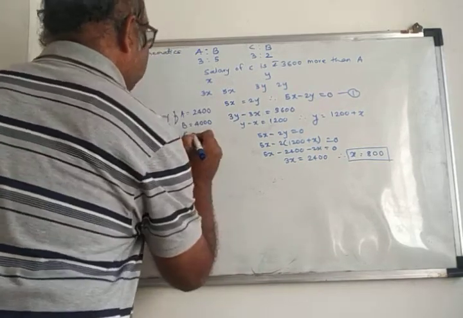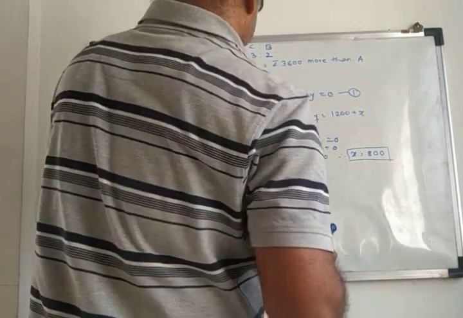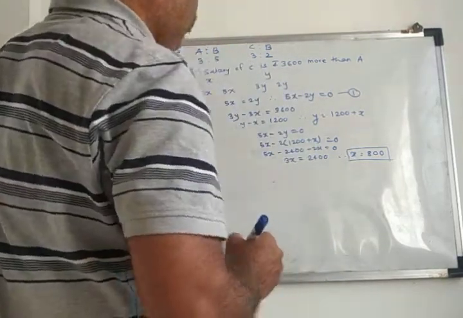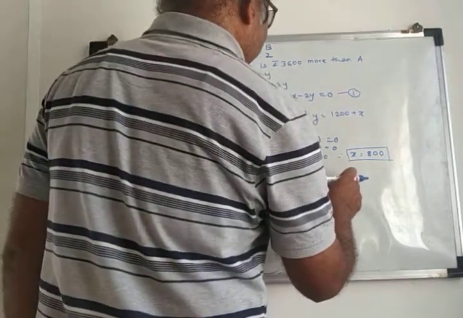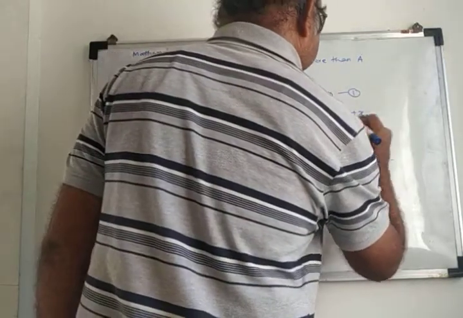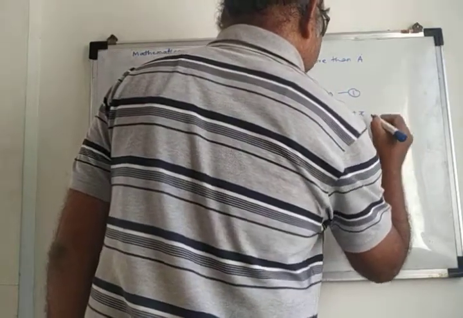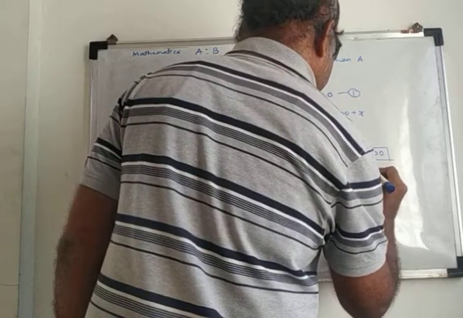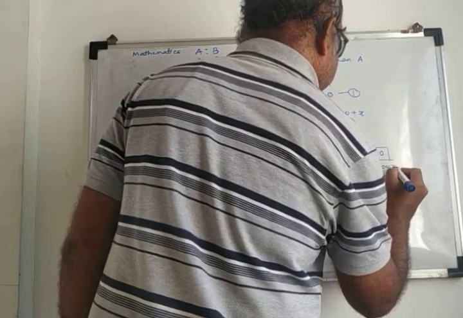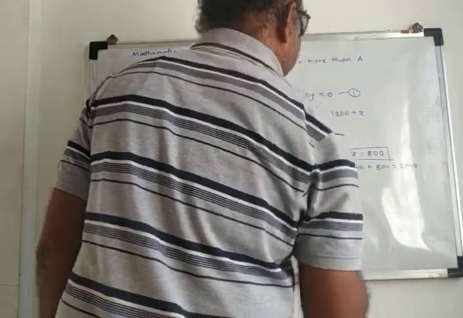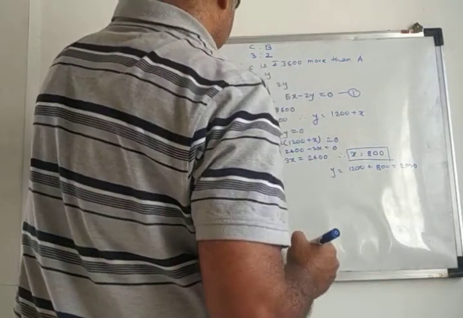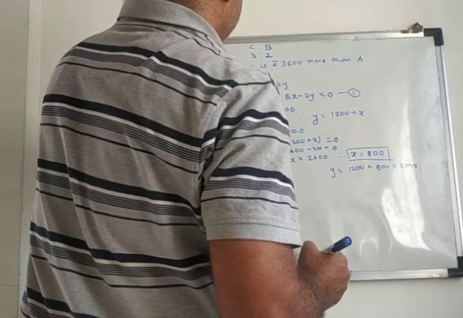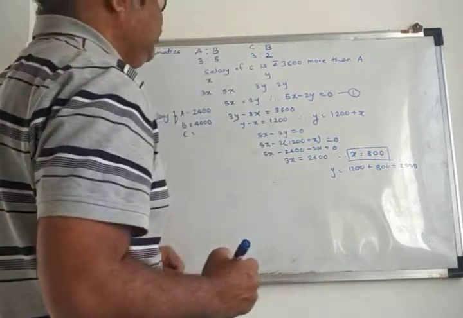And you see, boys, the salary of C is in the form of y, so we need to find the value of y here. Substitute the value of 800 over here, then y is equal to 1,200 plus the value of x, 800, which becomes 2,000.